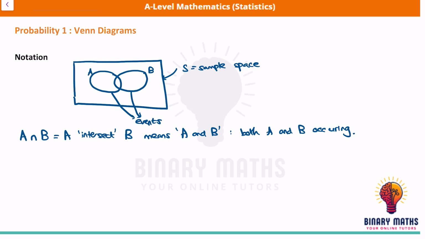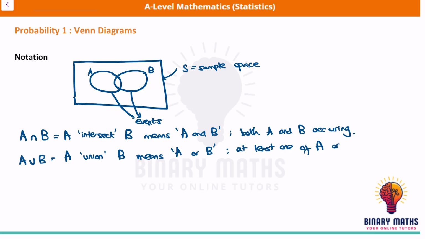A union B means A or B, which means at least one of A or B occurring, or both. So either A occurring or B occurring or both occurring.